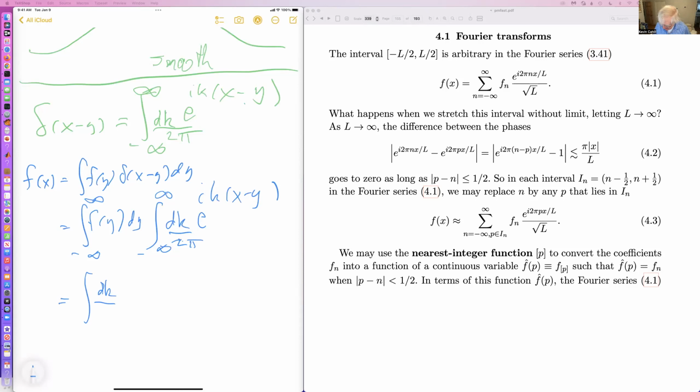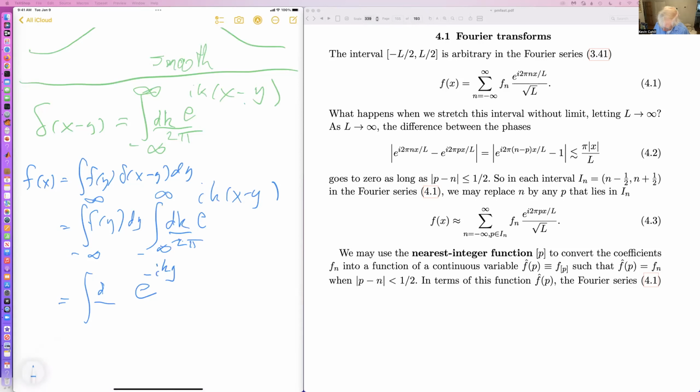Oh, wait a minute. I want to do the dy integration. So hold on, I shouldn't do these things in real time because I sometimes screw up. So we want this to be dy over 2 pi e to the minus i k y of an integral dk over, well, let's put a square root of 2 pi here.